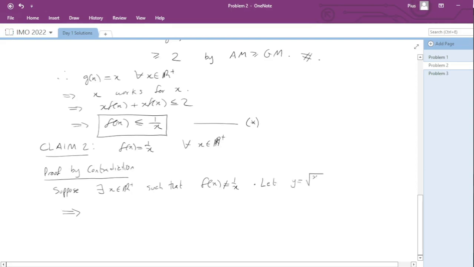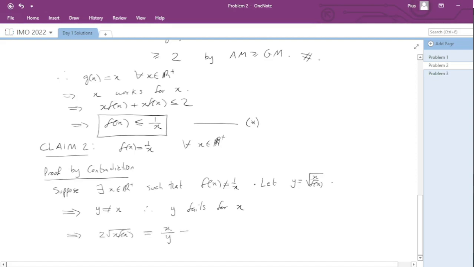So we take y to be square root of x over f of x. Later we can see why this would be a good choice. Once we set this, we can verify that y will not be equal to x. Assuming it's equal, we get a contradiction, of course. So this means that y is not g of x, so it fails for x, meaning we can now use the reverse inequality for y.